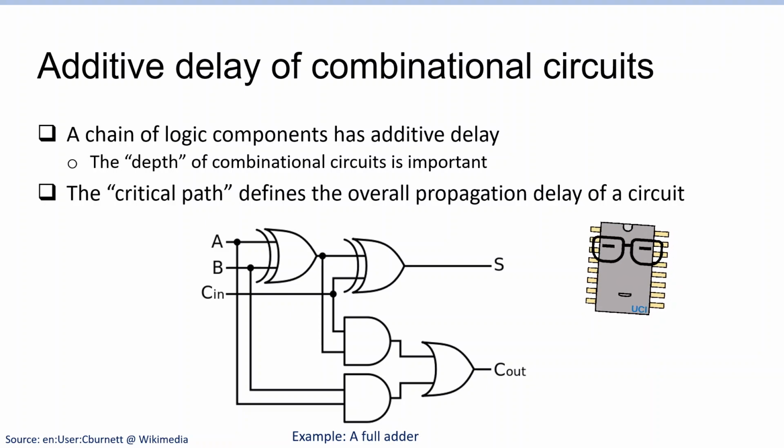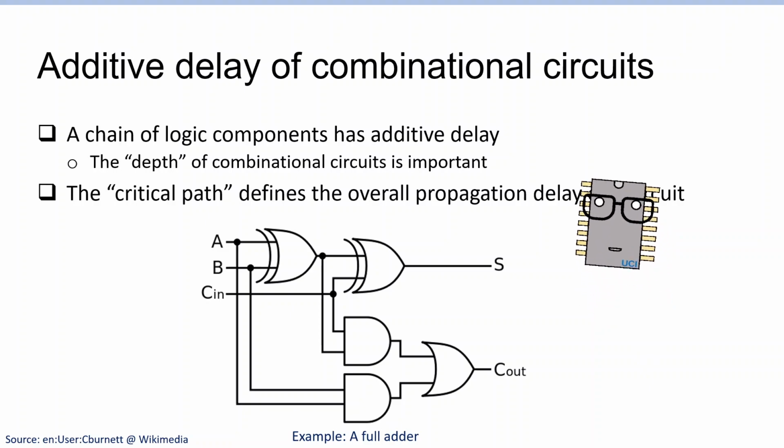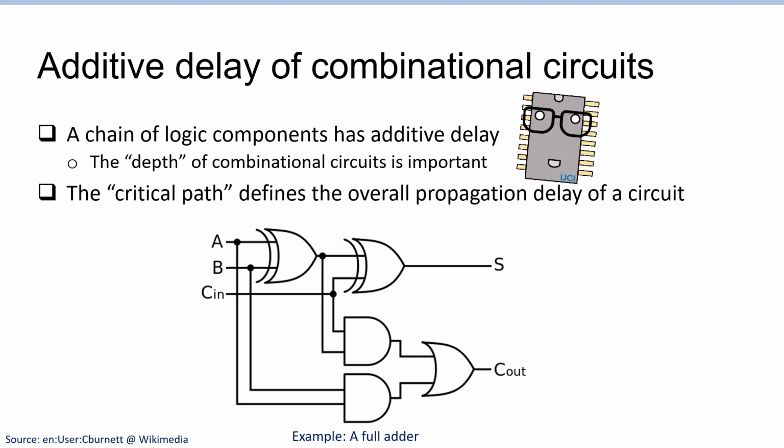Both propagation delay and contamination delay values are additive as we add multiple combinational circuits into a chain. So a chain of logic components has additive delay, which means that the so-called depth of the combinational circuits is important, right?